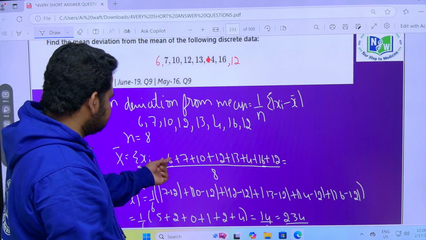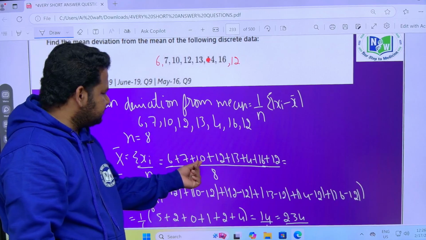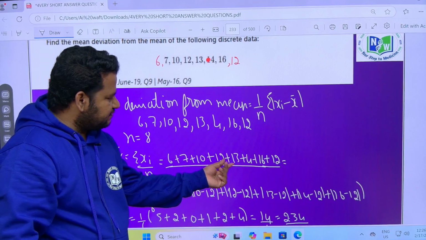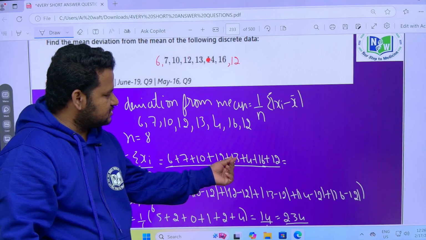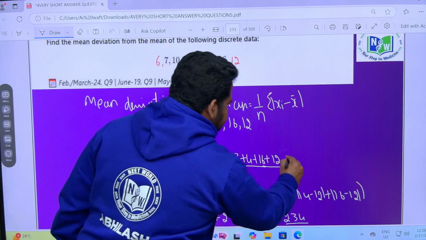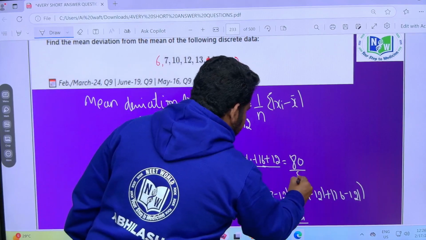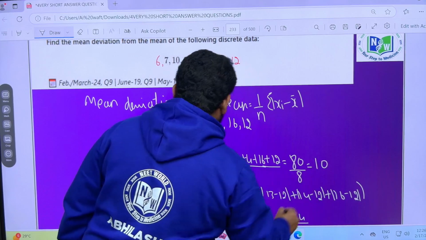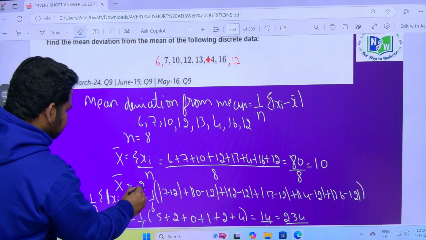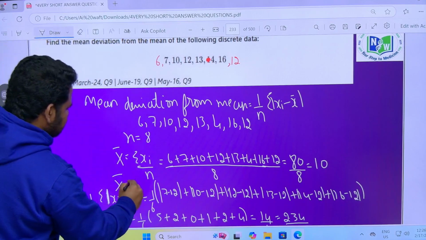So 6 plus 7 is 13, 13 plus 10 is 23, 23 plus 12 is 35, 35 plus 13 is 48, 48 plus 4 is 52, 52 plus 16 is 68, 68 plus 12 is 80. So 80 divided by 8 is 10. So arithmetic mean will be equal to 10, not 12.